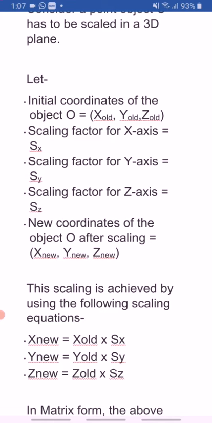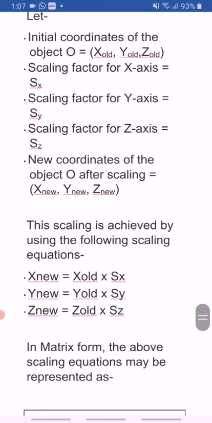And the new coordinates of the object O are represented as x new, y new, z new. So how can we achieve the new coordinates? We can achieve the new coordinates by multiplying the old coordinates with the scaling factor.